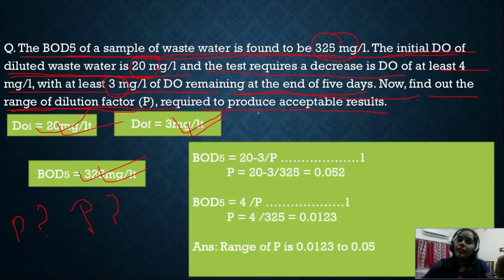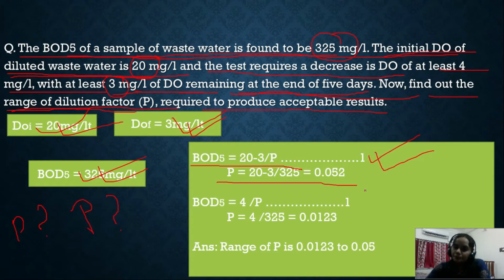So that is why here we have to use the previous BOD test, the simple equation DOI minus DOF divided by P. That is equation number 1.